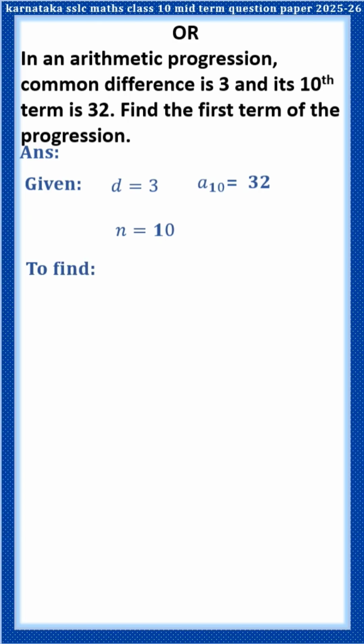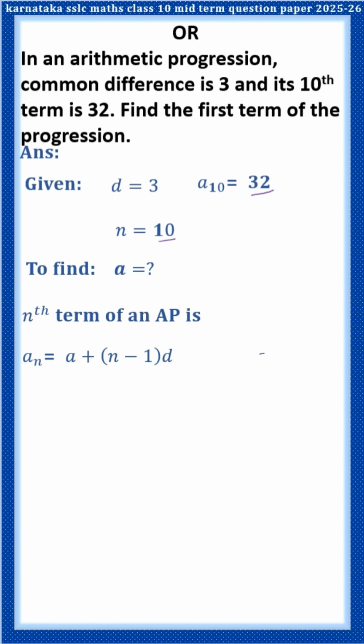Before the formula, what is to be found out? The first term, that is A. The formula for the nth term of the AP is An is equal to A plus n minus 1 into D. Instead of An, we put 32. A we have to find out. N is equal to 10. D is 3. So now let us substitute the values.